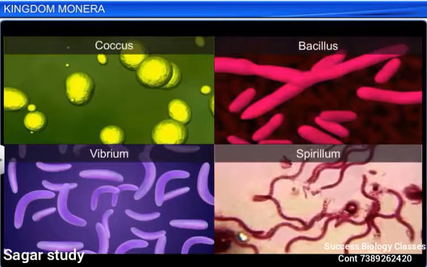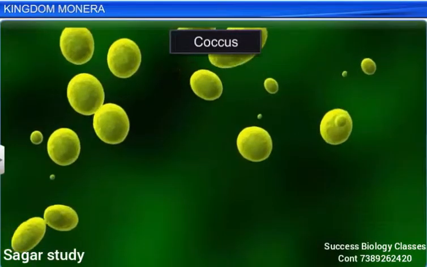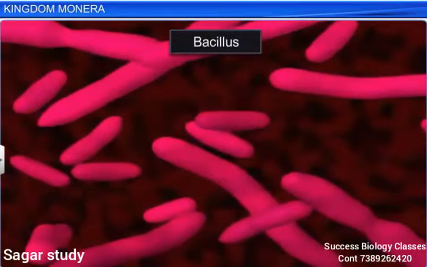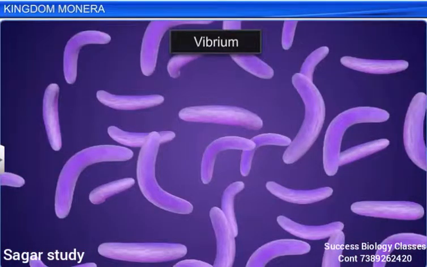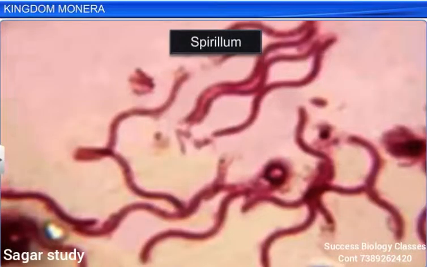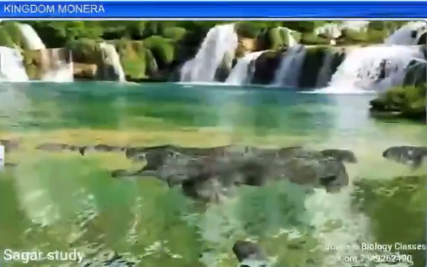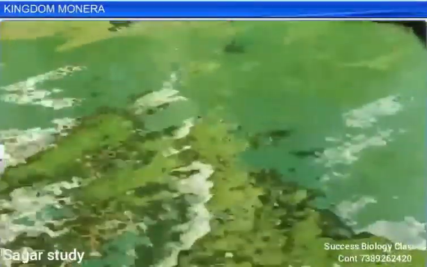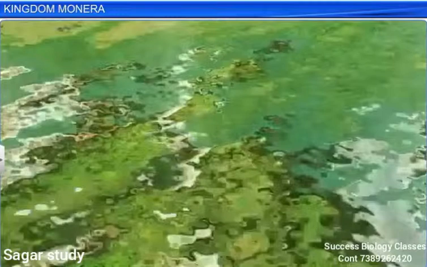Based on their shape, bacteria can be classified into 4 types: the spherical coccus, the rod-shaped bacillus, the vibrio, which is in the shape of a comma, and the spiral spirillum. There are thousands of different eubacteria or true bacteria.